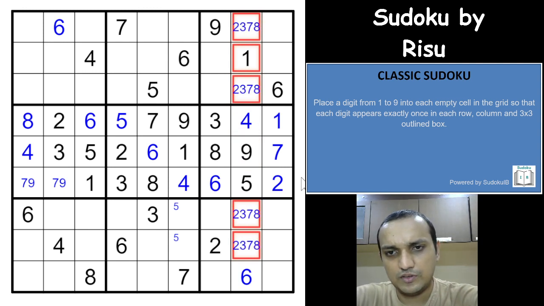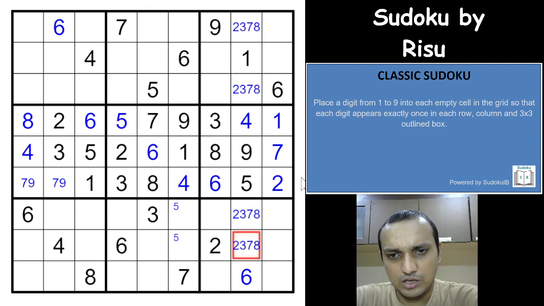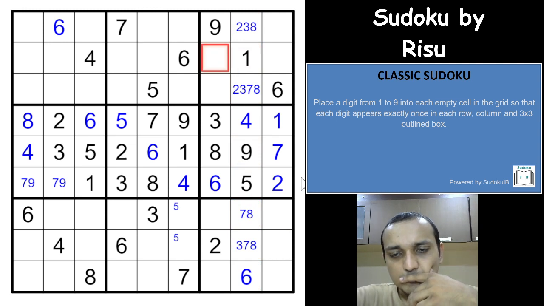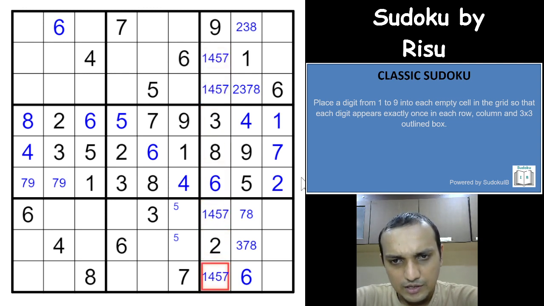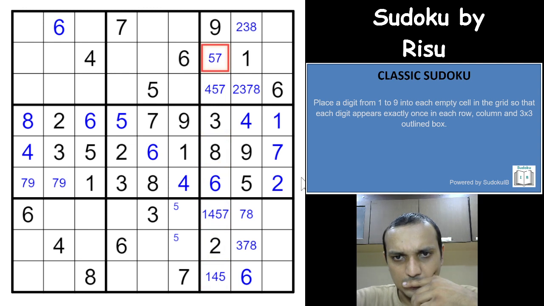Here you can't have a 2 or 3, and here a 7. Then 1, 4, 5 and 7, right? 7 cannot be here, 1 cannot be here, 4 cannot be here, and 5 cannot be here, right?